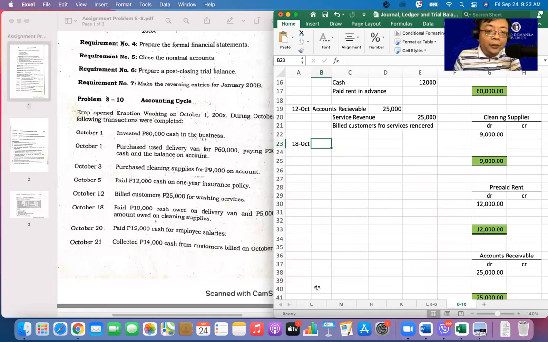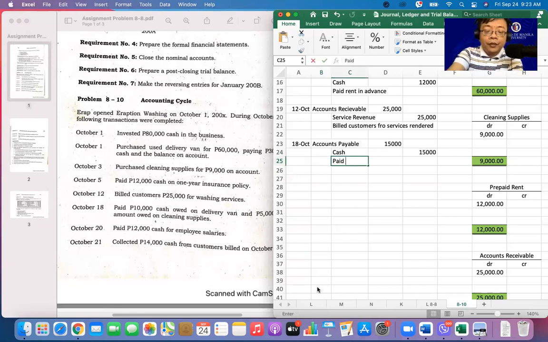October 18, paid 10,000 cash owed on delivery van and 5,000 amount owed on the cleaning supplies. So nagbayad na sila. So you have your accounts payable worth 15,000, and also, of course, cash. Nagbayad ka ng cash, worth 15,000. Again, in the real world or in the business world, we should separate.